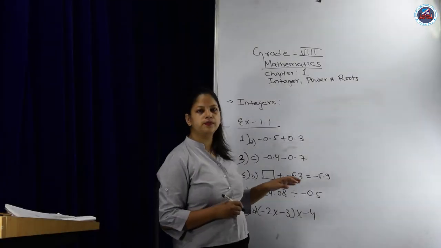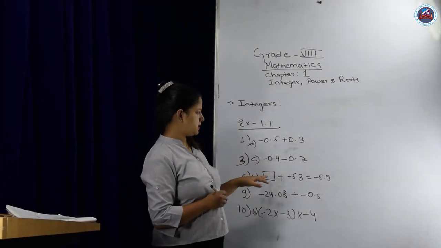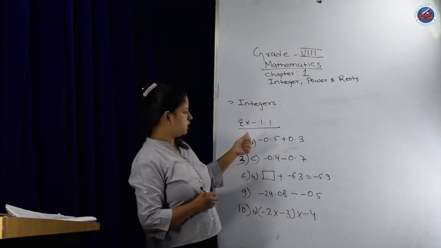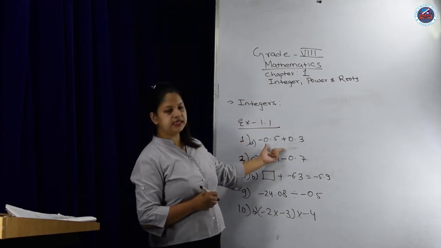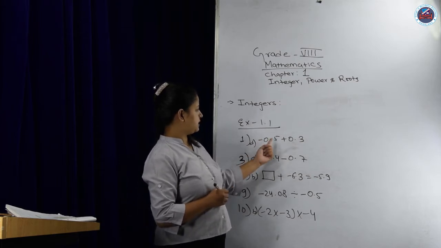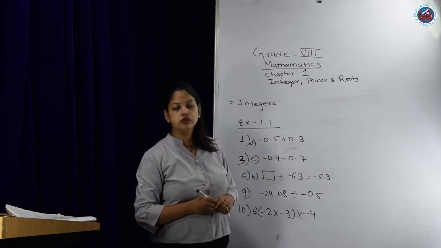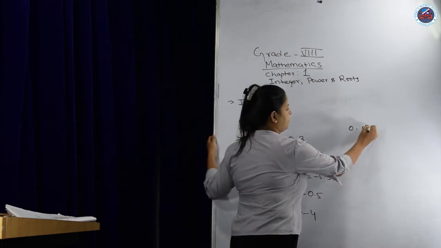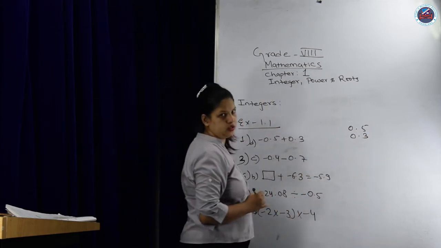So following this basic rule which we have done just now, we'll do a few sums. This is exercise 1.1, question number 1, D. You can check it out there. Plus minus means we have to subtract by the rule. So you subtract 0.5 and 0.3.